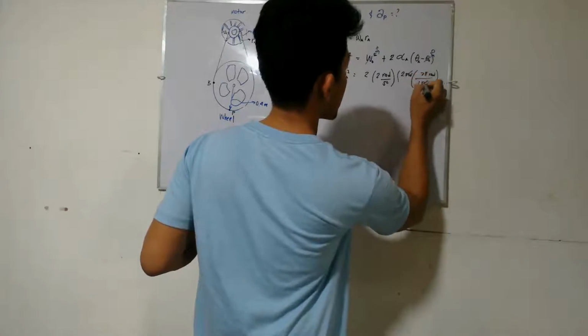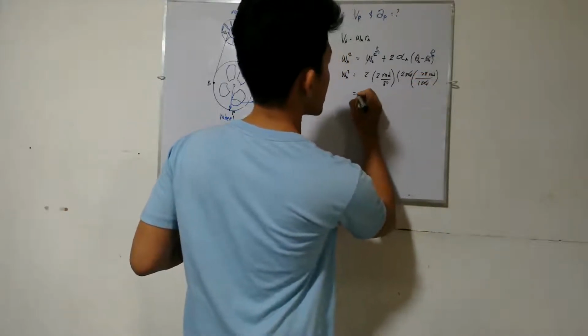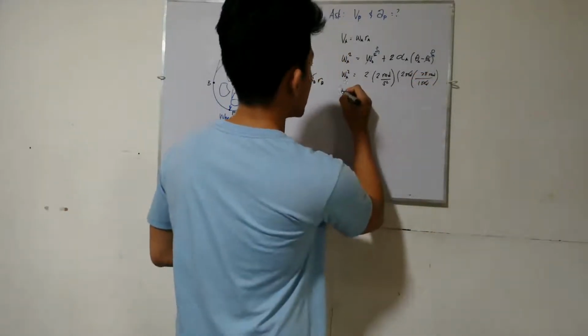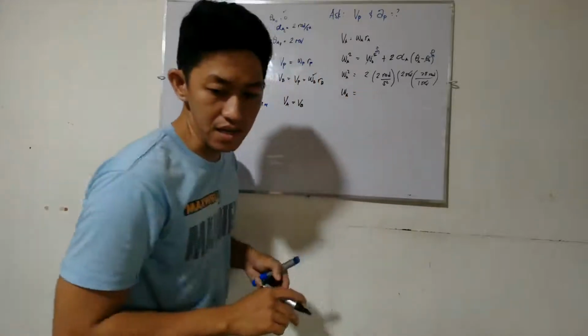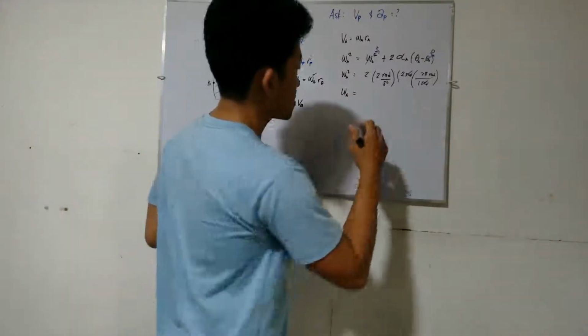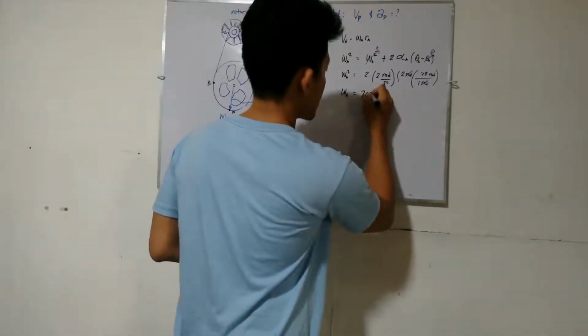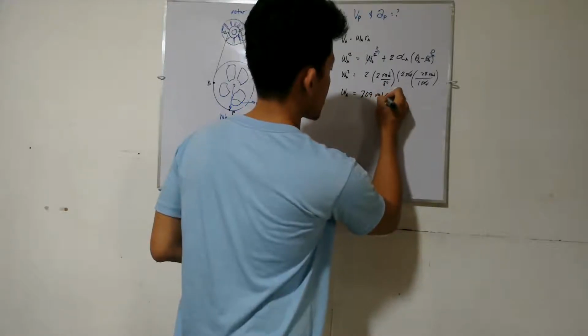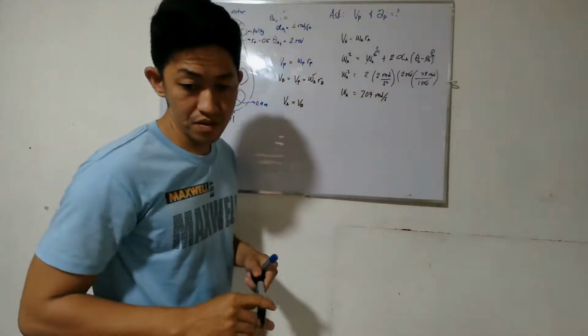The answer will be omega A is 7.09 radians per second. Okay?